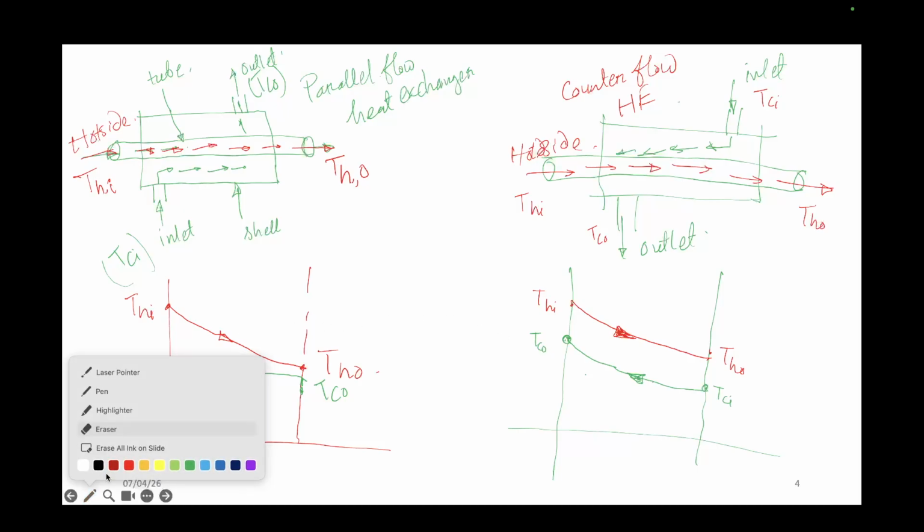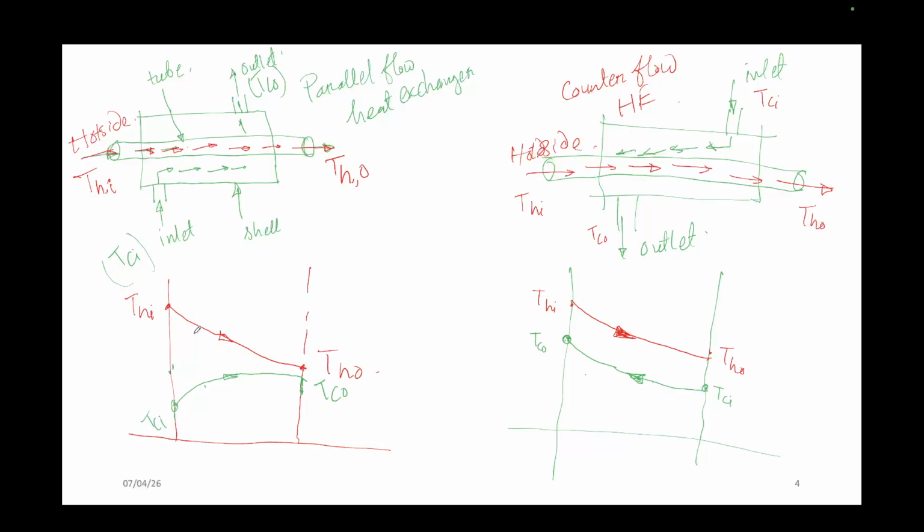So see, if I talk about this curve, the heat is transferred from the hot side to the cold side. So its direction should be in this way, right? This should be Q. If I talk about this Q, what is Q? M C delta T. So this is hot fluid, so this is M of H, C of H, and delta T means the temperature drop.